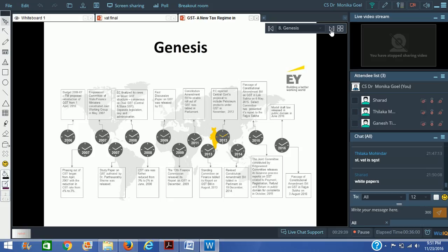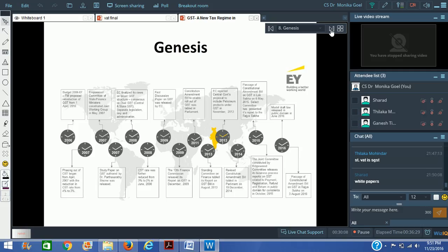The standing committee gave its report in 2013, and then there was a proposal whether petroleum and petroleum products should be covered under GST. But it was decided that at the initial stage, we should not include petroleum and petroleum products under GST. So in 2013, the empowered committee rejected this proposal to include petroleum and petroleum products.